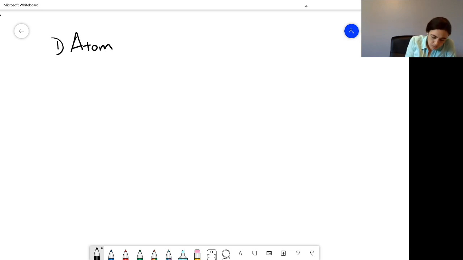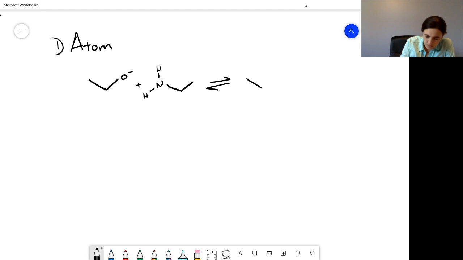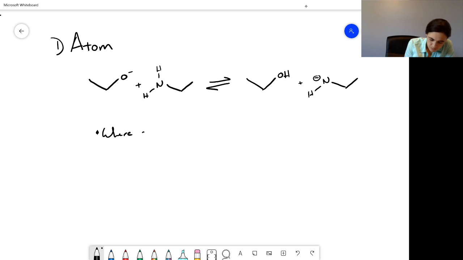All right, so if we take this reaction, our first question is, where does the equilibrium lie? On the product or reactant side.